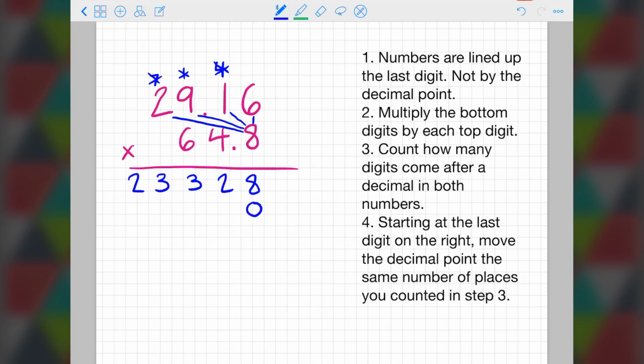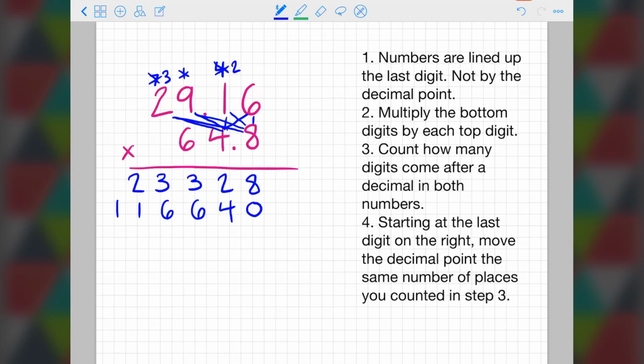All right, now I'm ready to start with my 4. 4 times 6 is 24. 4 times 1 is 4, plus 2 is 6. 4 times 9 is 36. Carry that 3. 4 times 2 is 8. Plus 3 is 11.